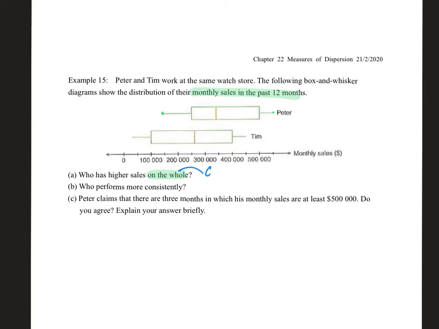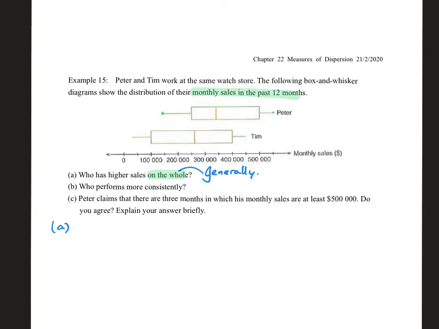On the whole, you can use another word, generally, in the question. We are not comparing their sales in every month, but we want to know, generally speaking, which man can have a larger sale, so can do better in the watch store.